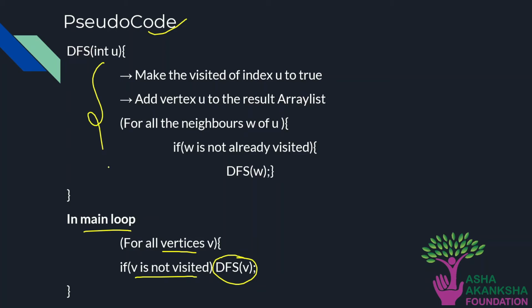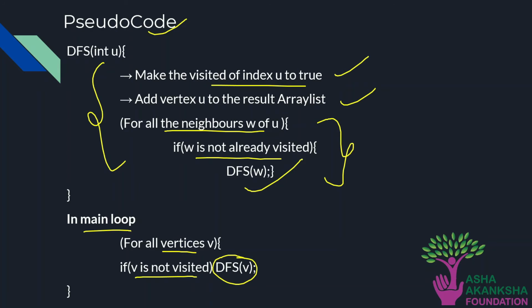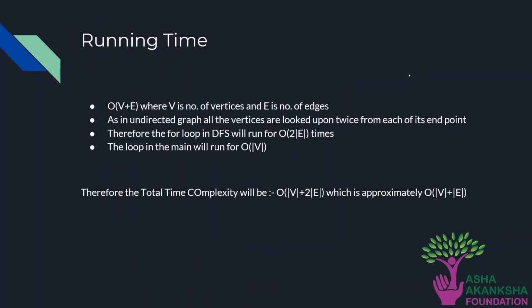Looking at the DFS function, first we will mark the index u as true, add it to the array list and explore its neighbors, and if its neighbor is not visited, we will again call the DFS on it. So it is a recursive function. In the next slide, we will be looking at its time complexity.